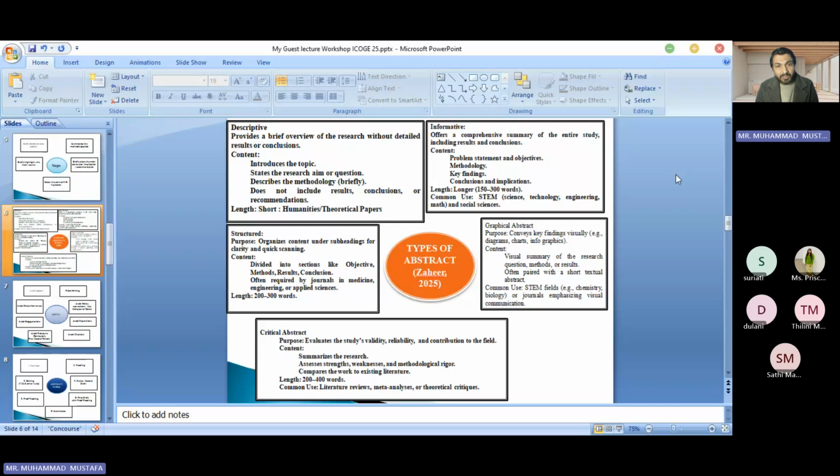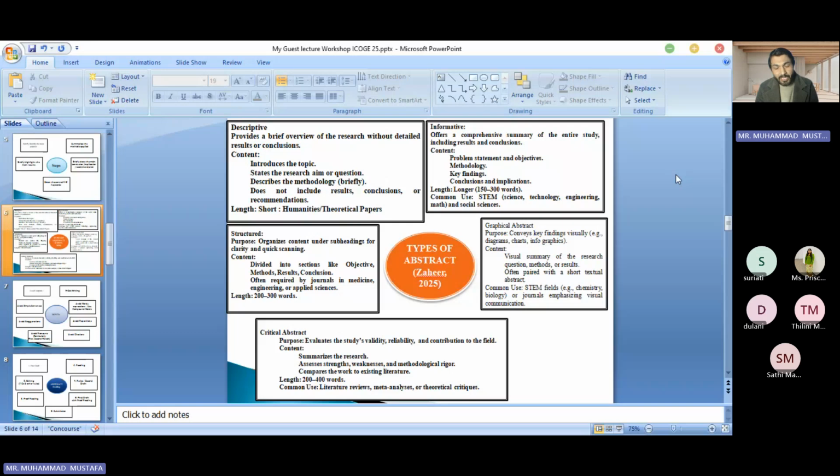So the contents are divided into sections like objectives. We may have a subheading of objectives, subheadings of methods, results, and conclusion, etc. It is often required by journals in medicine, engineering, and applied sciences.